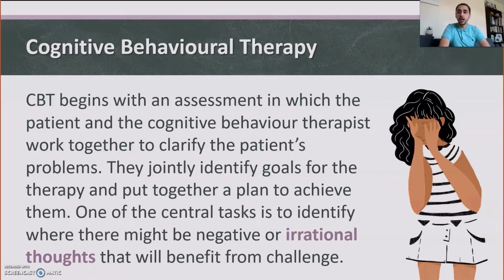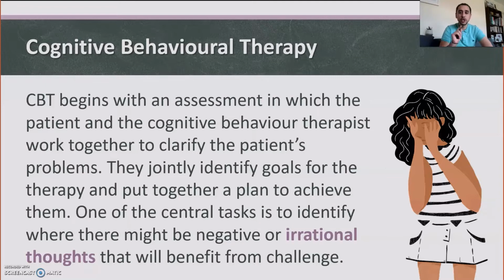One of the central tasks is to identify where there may be a negative or irrational thought that will benefit from challenge. As we saw last lesson, lesson 8, the cognitive approach to explaining depression suggests that people who are more vulnerable to depression have more negative, irrational thoughts, and that's what makes you more prone to depression.